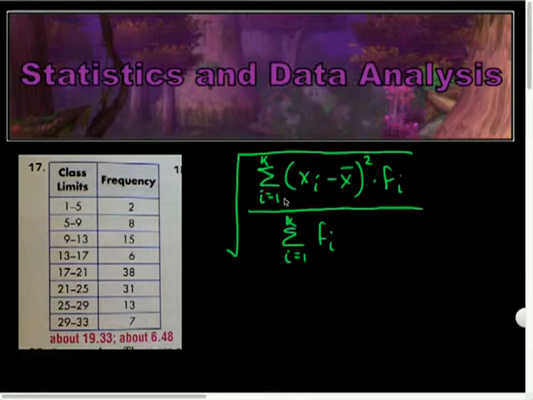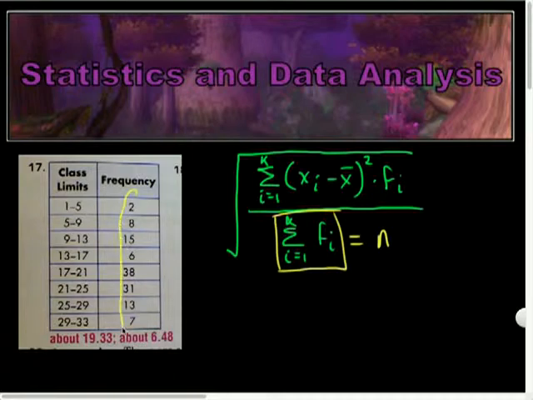And now what I'm going to do is divide by the sum of the frequencies. What's nice about this portion of the formula is that this is the part where in mean deviation or standard deviation we divide by n, or multiply by 1 over n. This actually is 100% guaranteed to equal n if you wanted to know the number of terms.